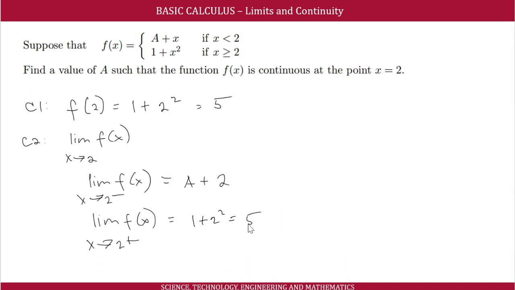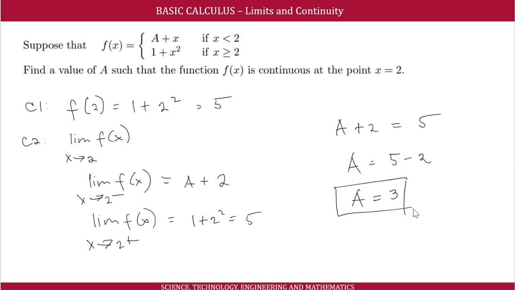The left and right should be equal to make it continuous. So a plus 2 is equal to 5. Solving the equation, a equals 5 minus 2, which is 3. So the value of a is equal to 3. That makes the function continuous at x equals 2.